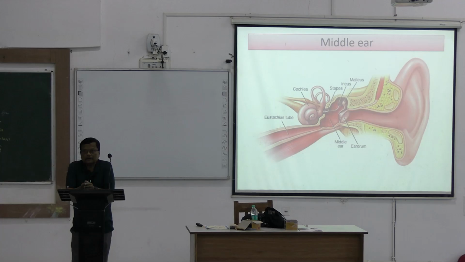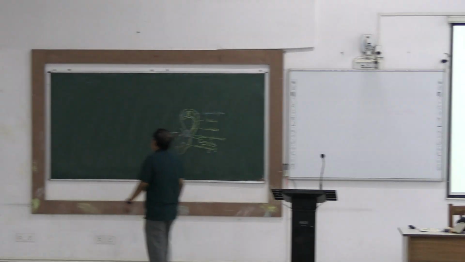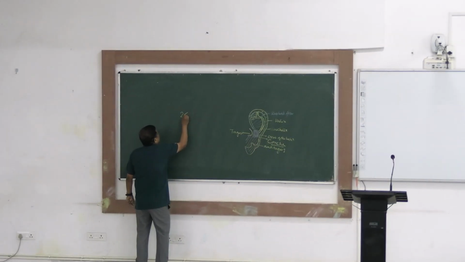In between the middle ear and this external acoustic meatus, there is a bony and membranous partition. The membranous partition is called the tympanic membrane. The external acoustic meatus has two parts. The length of the external acoustic meatus is 24 millimeters.